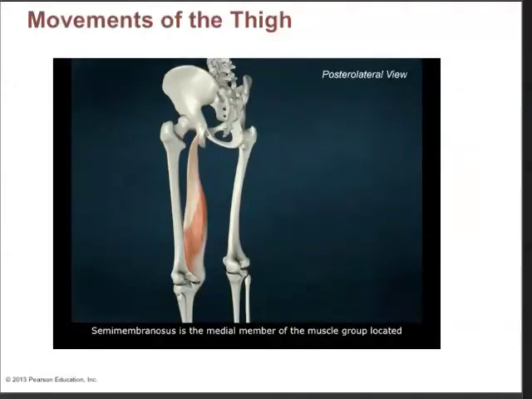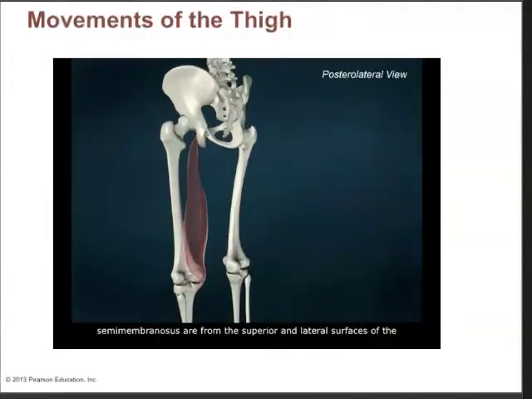Semitendinosus is innervated by the tibial nerve. Semimembranosus is the medial member of the muscle group located in the posterior thigh, known as the hamstrings. The origins of semimembranosus are from the superior and lateral surfaces of the ischial tuberosity. The fibers run inferiorly to insert onto the posterior surface of the medial condyle of the tibia.